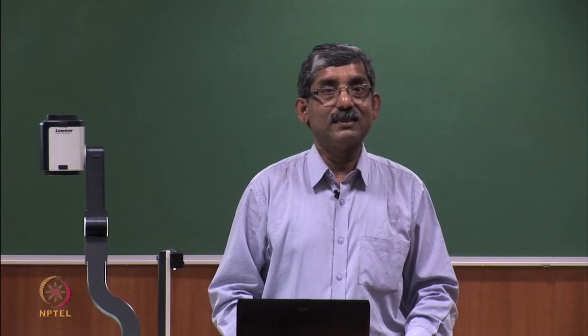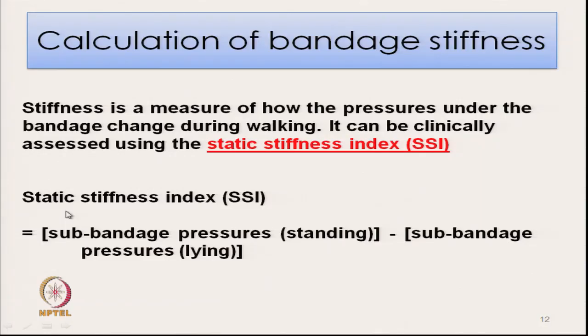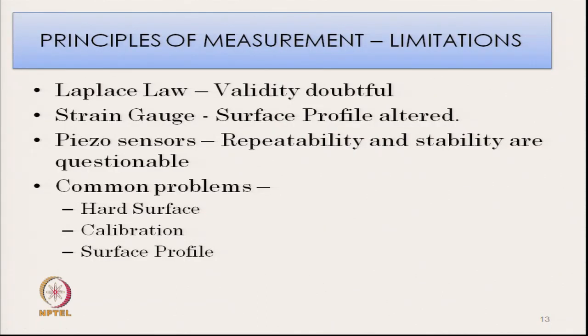So, that change in pressure is expressed in the static stiffness index. It is clinically assessed by using the static stiffness index, which is the difference between sub-bandage pressure when a person is standing and sub-bandage pressure when a person is lying. So, that difference is known as static stiffness index. So, the different principles of measurement are there.